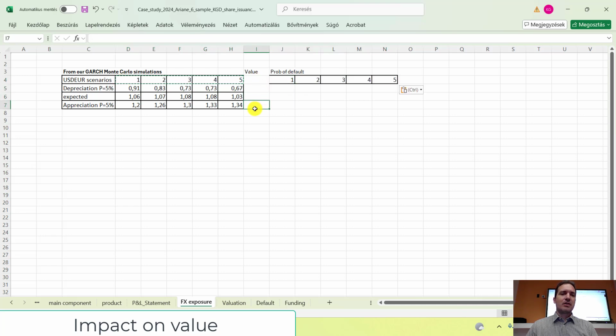So in this case, we are just writing the value here, and in the other sheet we have to do the same job as in the case of the funding: we have already set the funding strategy, so now we just have to explore the foreign exchange exposure's impact.